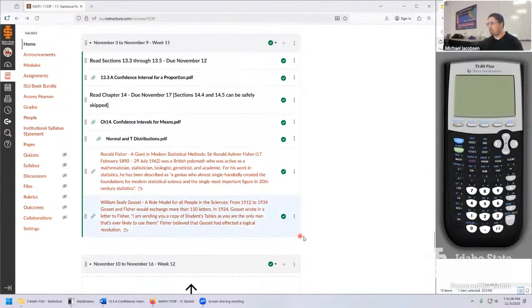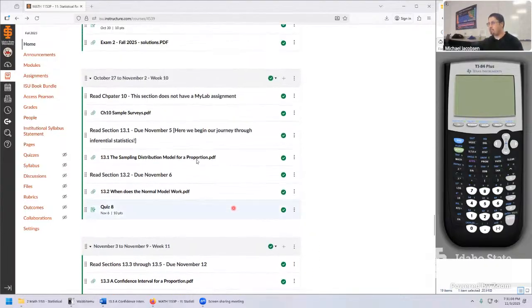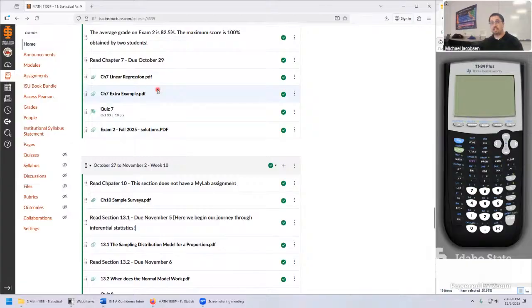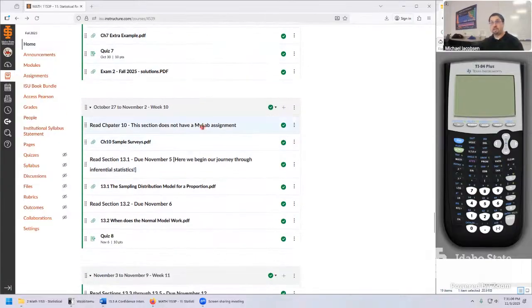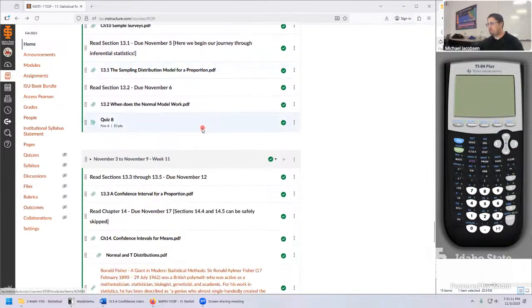It's looking at where we're at so far. It's going to likely involve, let's see, chapter 7 is where we left off. So there'll be a chapter 7 problem, a chapter 10 problem, and a chapter 13 problem, probably 2 of them. One of them is just going to be checking conditions, 13.2. I feel like that's a pretty big problem all on its own, saying what the statistic is, calculating maybe a standard error, but checking conditions.